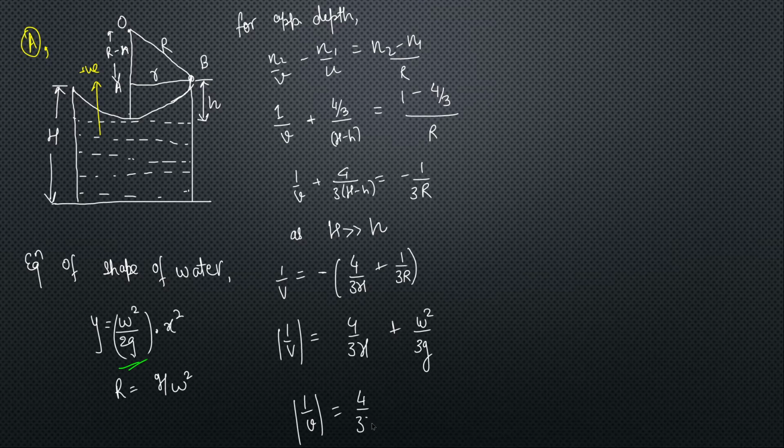Now what I'm doing is taking 4 by 3H common from mod 1 by v. It would be 1 plus omega square 3H by 3g into 4.